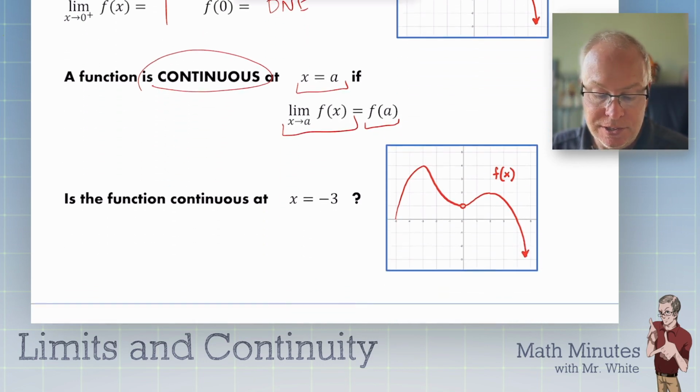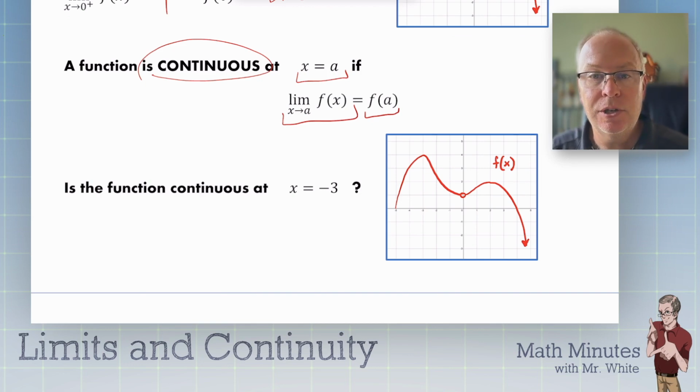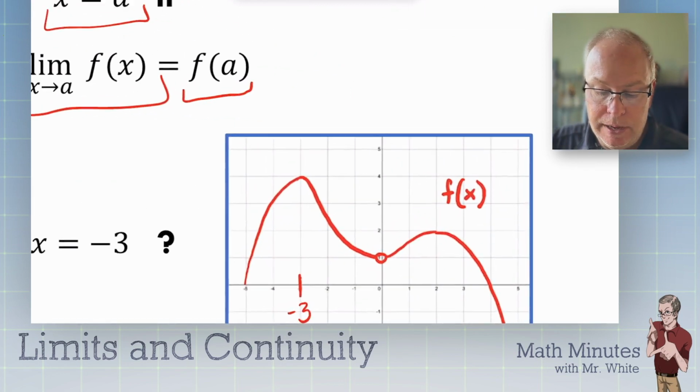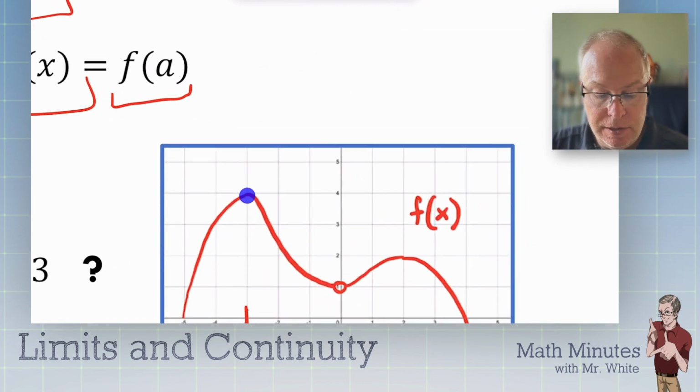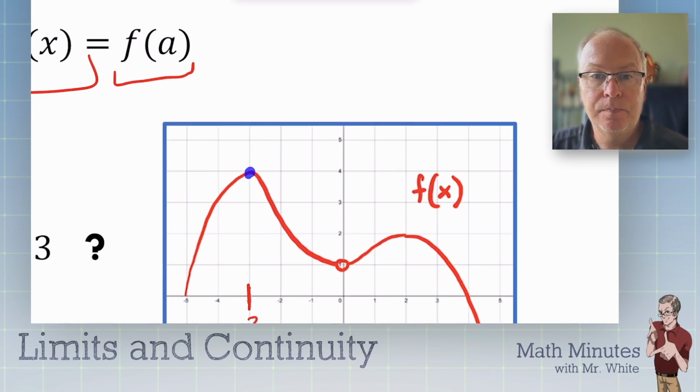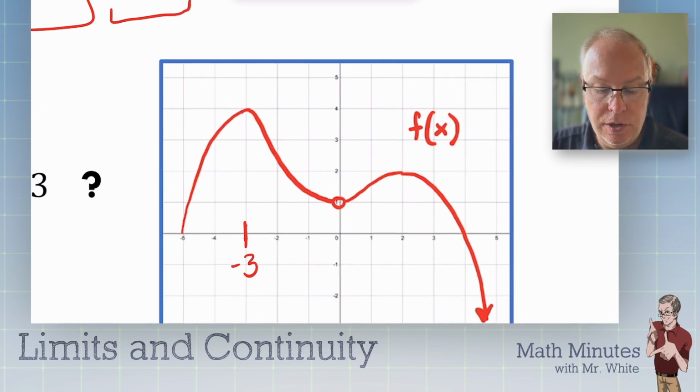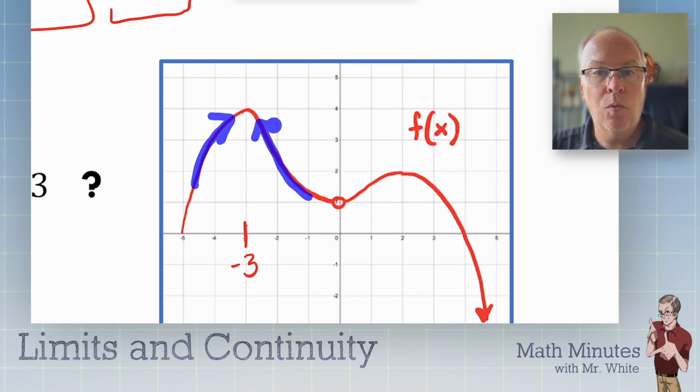So I'm going to look at the same graph and ask you, is the function continuous at -3? Here's -3. Let me zoom in. Is the function continuous right here? So the limit there is what? As we're approaching from the left and from the right, what is our limit? Our limit value is 4. And what is f of -3?